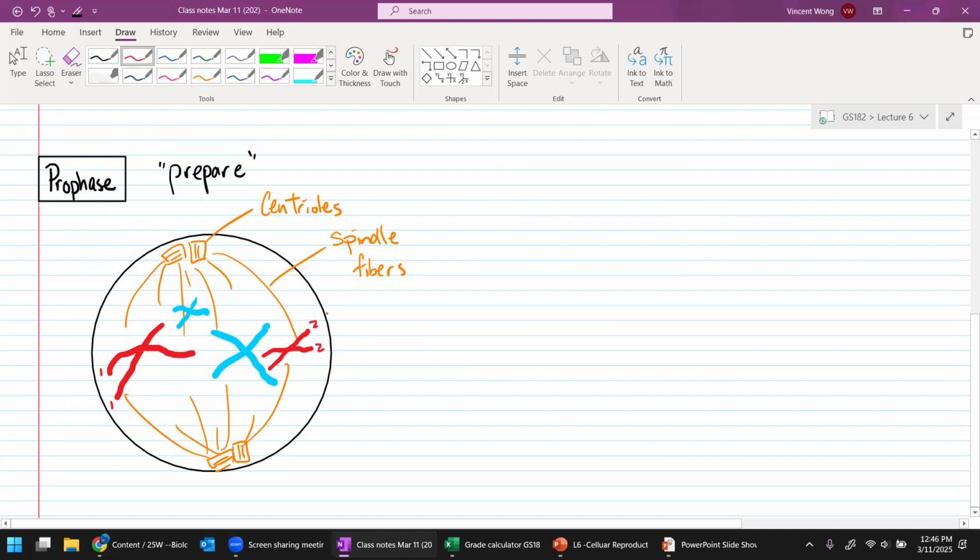Chromosome 2 from mom, and then 2 from dad, and 1 from dad. They are all attached to each other at the centromere. And then the spindle fibers are going to latch onto them.